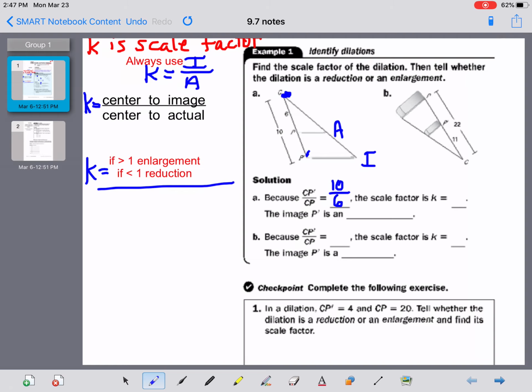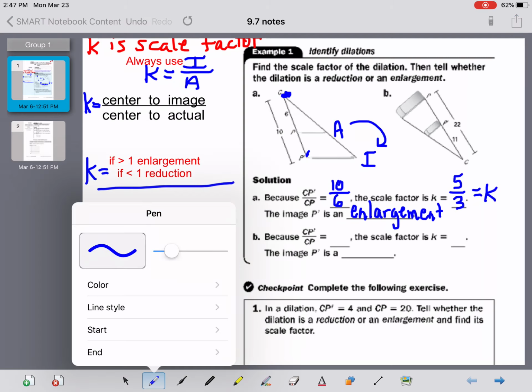These are both even, so we can divide by 2, and we get a scale factor of 5/3. Because my scale factor is larger than 1, I now know that my dilation here is an enlargement. And I can verify this just by looking at the picture. I started at this actual short pencil. I went to the image, which is a much longer pencil. So that verifies again that I have an enlargement. My pencil got larger.